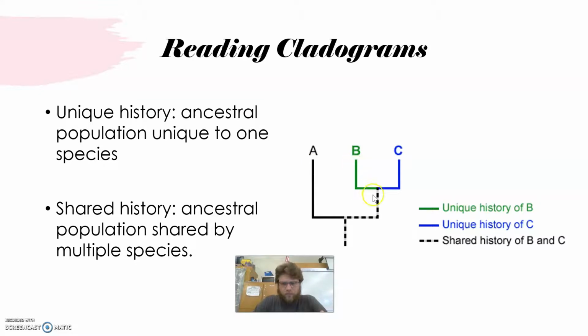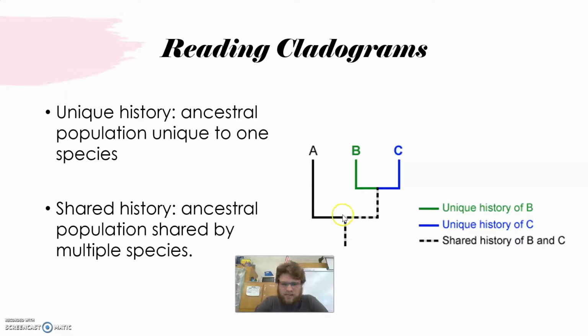Now, between a branching point and a tip, that's a unique history. So for A, B, and C, A's unique history is in black, B's unique history is in green, and C has its own unique history. So that means that along this line there was a population that was just that species, just species B. And as time went on, it's been living life, reproducing, undergoing natural selection, mutating.